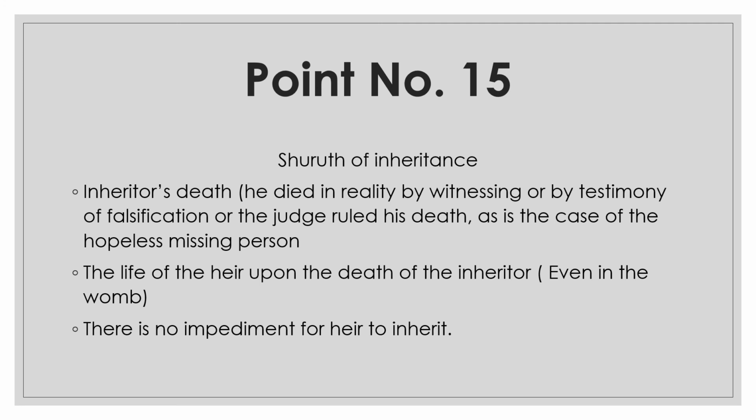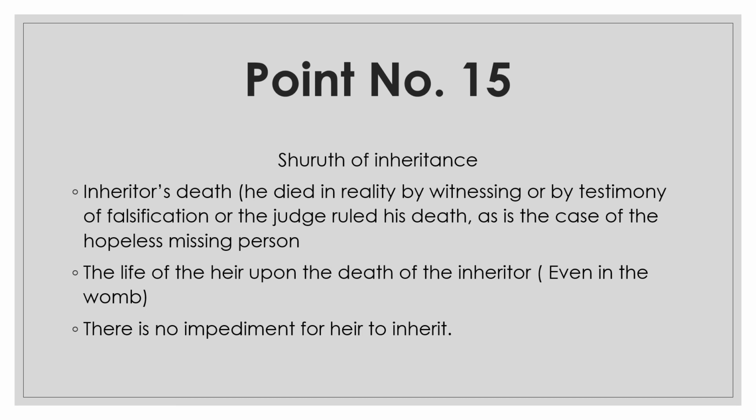Once the inheritor passed away, the heir must be alive, even in an embryo state, in the uterus of any female member. Even in the state of embryo, the heir is there. Definitely you have to wait for the embryo to be born.